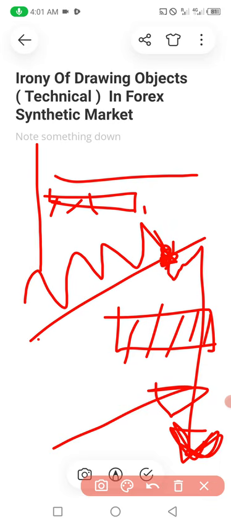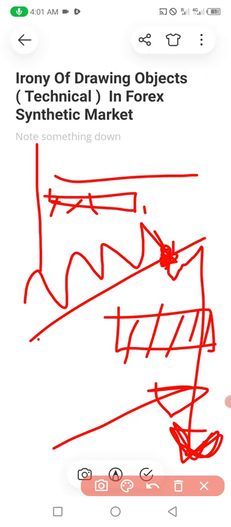The main way of understanding the market is actually looking at the market without making use of these tools. Looking at the chart for about 30 minutes or more, just meditating on the chart, is enough for you to feel the market and know where it's heading, rather than drawing these tools, because these tools will create assumption.